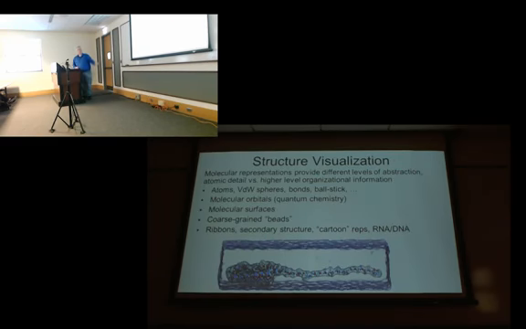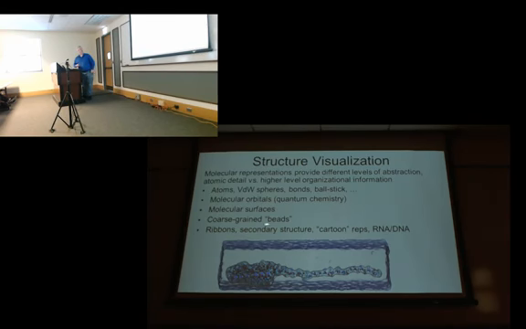So to display these structures, VMD can, of course, do the typical things, drawing atoms as van der Waals spheres, bonds, ball-stick models. We can show quantum chemistry data like molecular orbitals. We can draw molecular surfaces, and we can use some of those techniques to illustrate things like the solvent box in a periodic simulation.